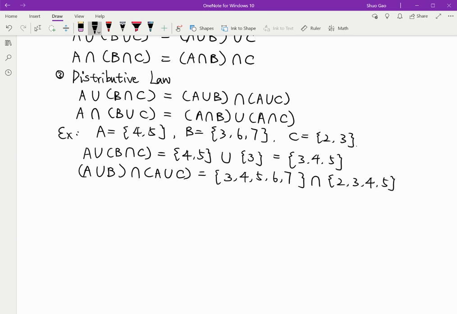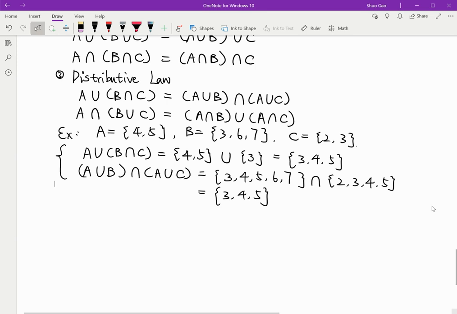And then we want to find the intersection of these two sets, that means we find the common elements here. So we have 3 common elements, and they are 3, 4, and 5 in both sets. So we can see that these two results are equal to each other.